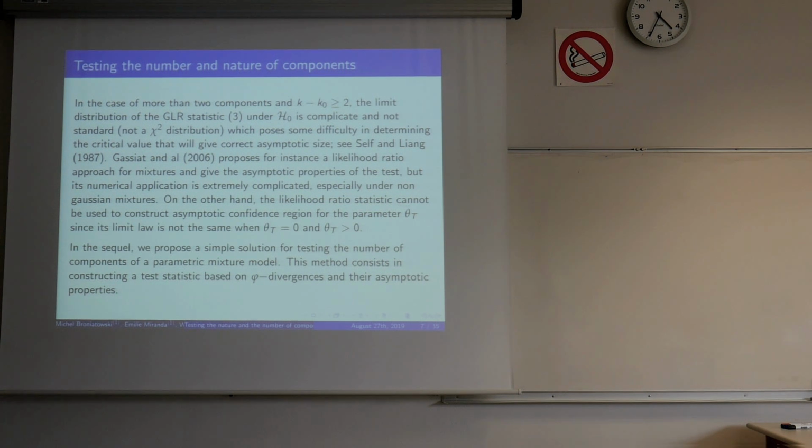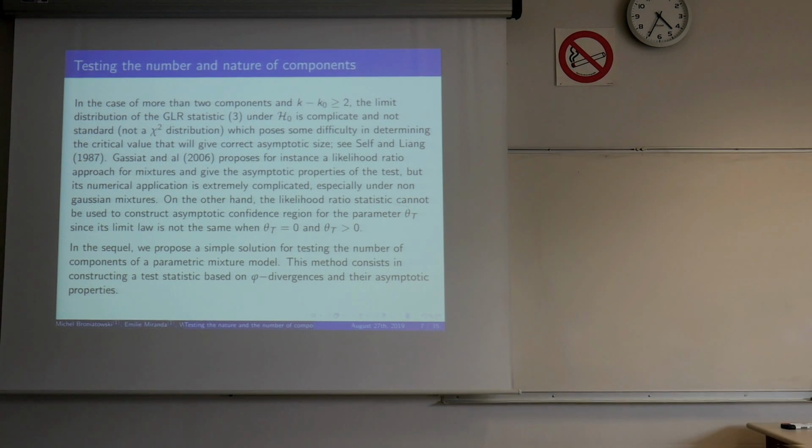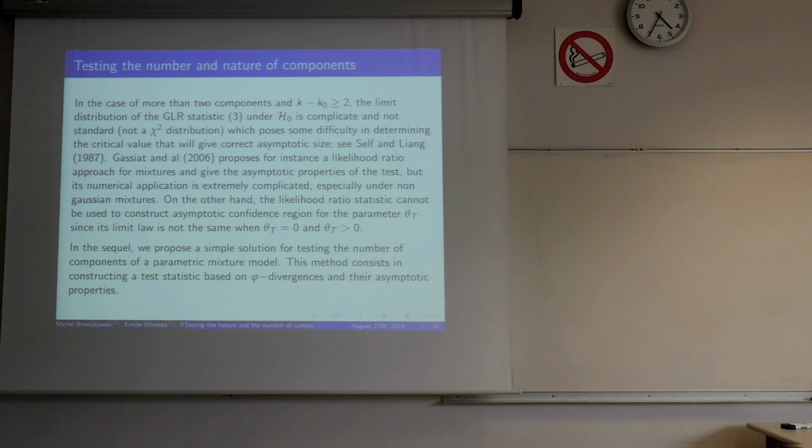There is also something to add, because we will use this later, which is Shen's approach and Kalbfleisch's approach to this. And what they do is to somehow use a penalization factor in the likelihood ratio, and they can get to some distribution for this modified thing.